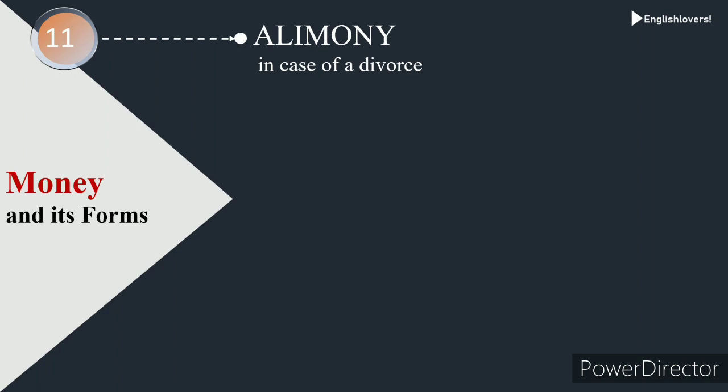In case of a divorce, suppose a couple is divorced and one person in that couple, husband or wife, is a working person who receives a monthly income. By law he or she has to give some amount of money to his or her divorced life partner for maintenance. That money is called alimony.